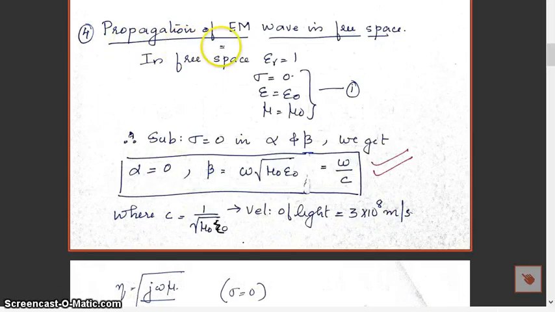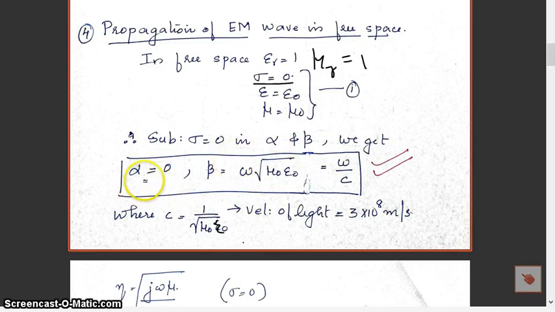Next we will see the propagation of EM wave in free space. For free space, epsilon r is equal to 1. Similarly, mu r is also equal to 1. Okay. So I can write epsilon is equal to epsilon 0 and mu is equal to mu 0. And in free space, sigma is equal to 0. As we did in the previous case, I will be substituting sigma is equal to 0 in my alpha and beta.